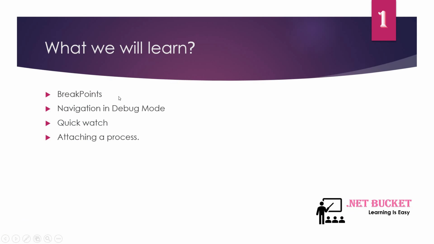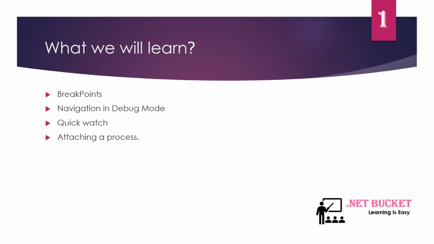Okay, so these are the points we discussed today. Breakpoints, and navigation in debug mode. If you want to go to the next line, press F10. If you want to go within that statement, like if it is a function, you can go within it by pressing F11. Quick Watch: you simply select the statement, either go to Debug and select Quick Watch, or simply press Shift F9, and Quick Watch will open for you.